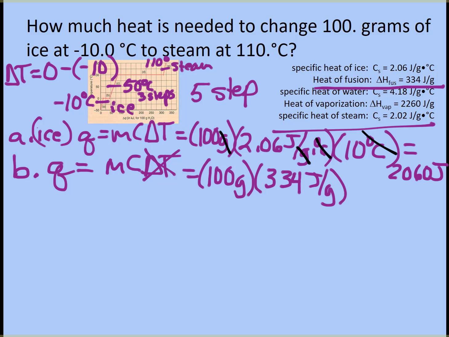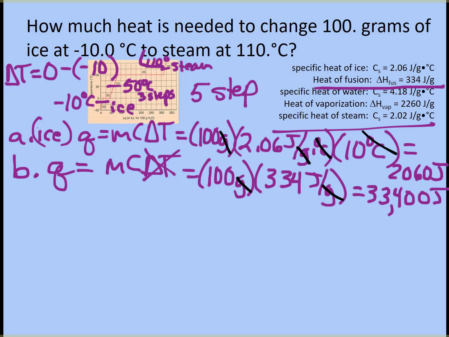Notice the heat of fusion just has joules and grams because the temperature doesn't change during the phase changes. The reason is that the energy is going to breaking the bonds, the intermolecular forces, instead of just making the molecules move faster. Doing my math, I get 33400 joules.